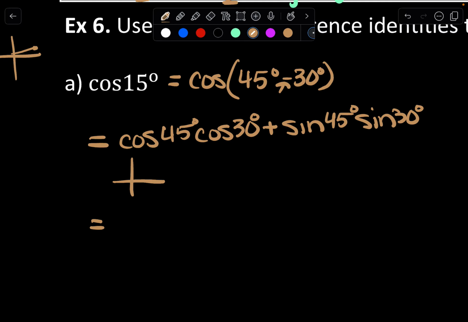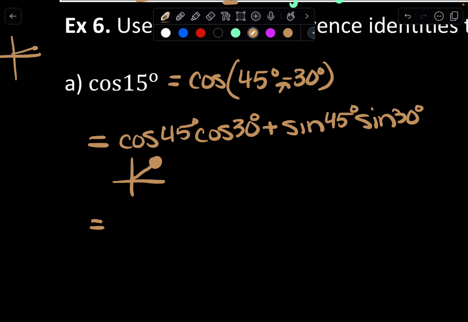You pick most of them, so try to stick to the first quadrant. You shouldn't be using like 150 minus 135. I mean, you can, but you're creating more work for yourself and you're having to reflect and travel to other quadrants. So cosine of 45 is going to be root 2 over 2, family of 4s.